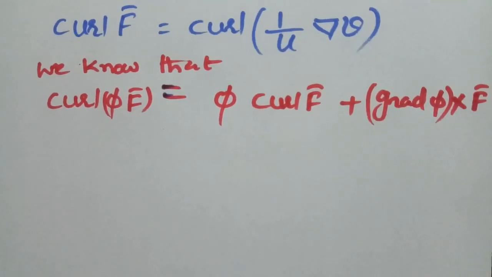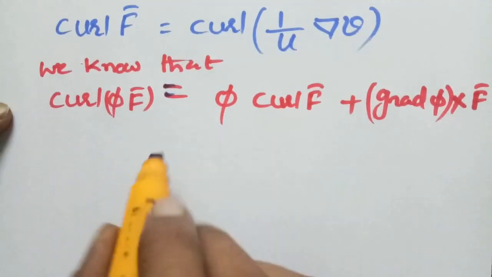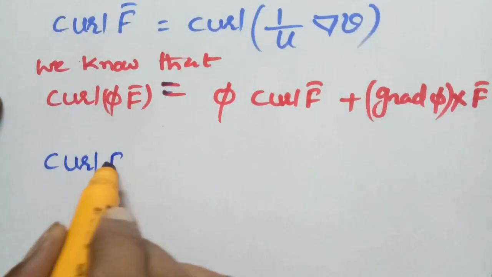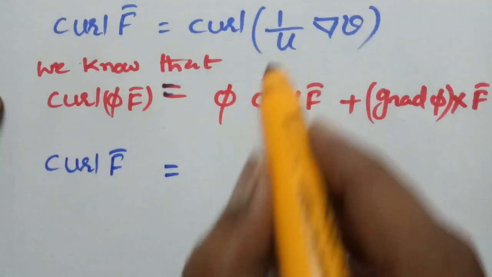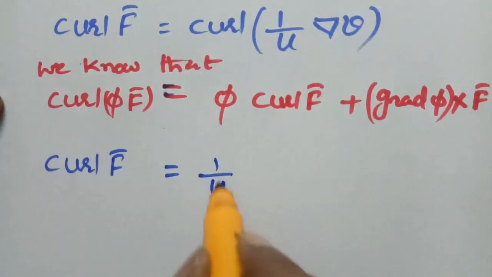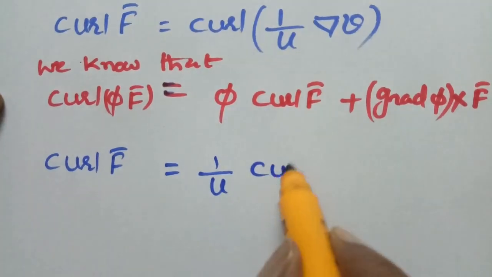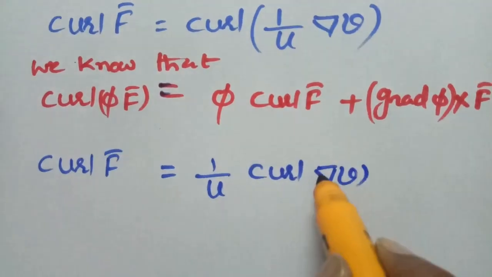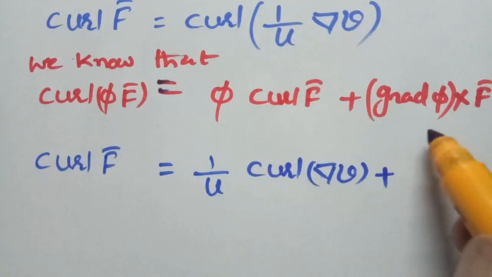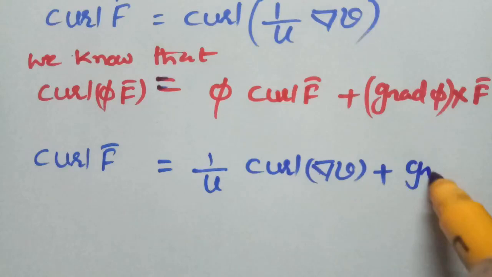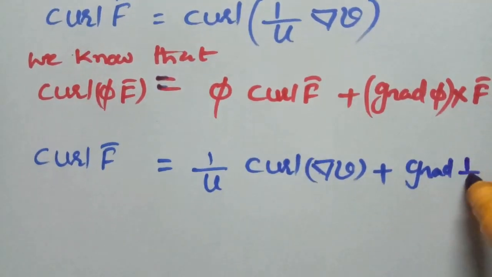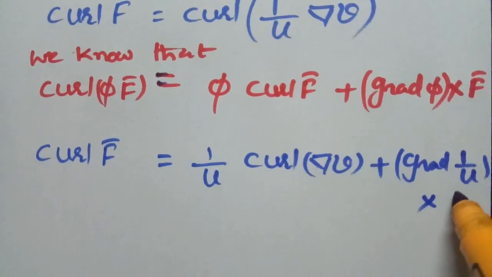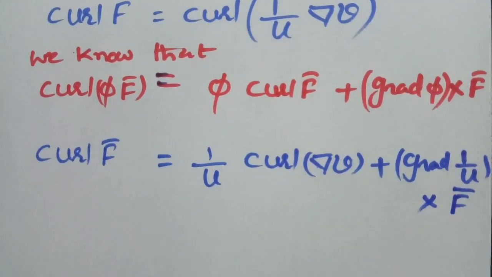Therefore, now by using this formula, this can be written as curl of F bar is equal to, phi is 1 by U, into curl of del V, plus grad phi, grad of 1 by U, cross F bar.